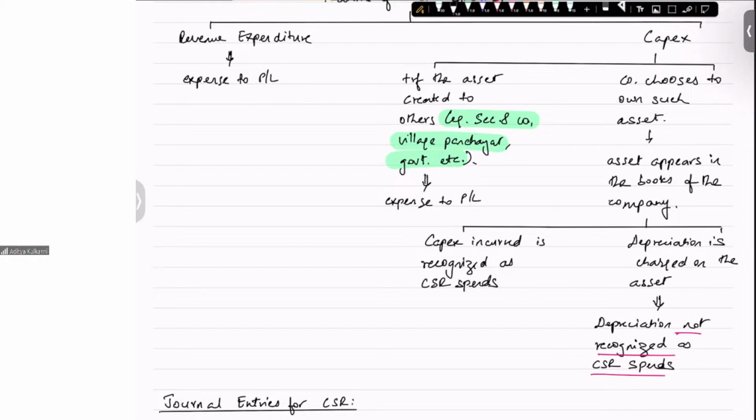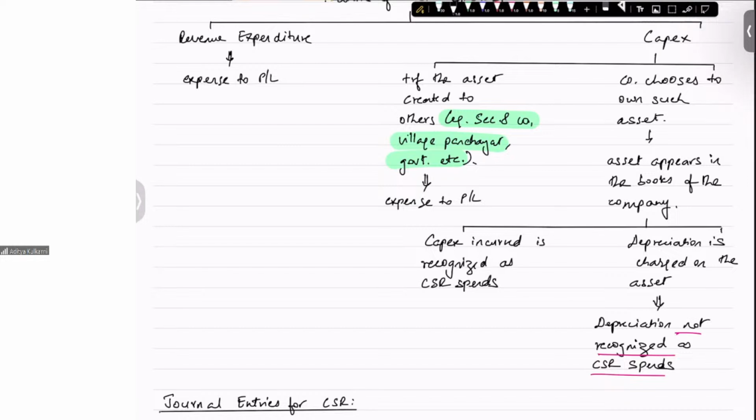For these purposes, there is an amendment that says any capex item that is constructed has to mandatorily be transferred either to a Section 8 company, or to a registered trust, or to a trust set up in collaboration with other companies. Mandatorily, the company cannot retain the capital asset that it has constructed.